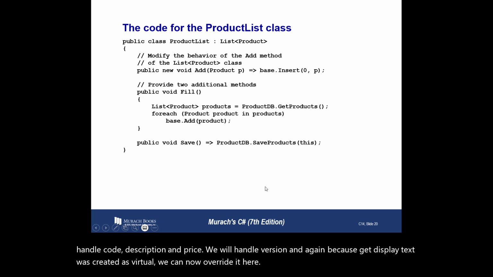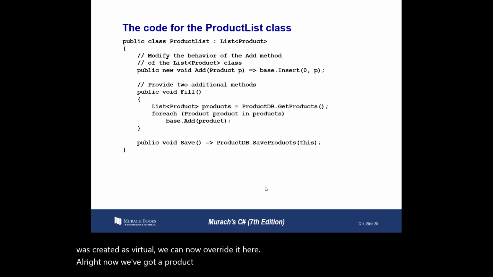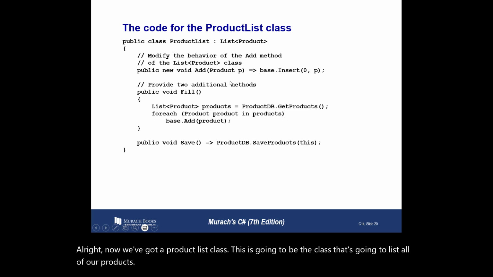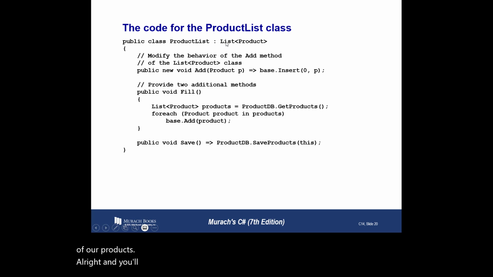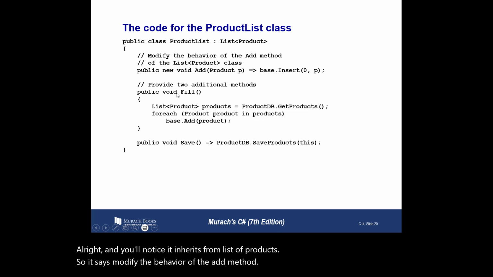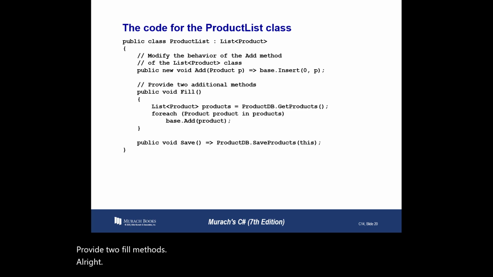All right, now we've got a product list class. This is going to be the class that's going to list all of our products. And you'll notice it inherits from list of products. Okay, so it says modify the behavior of the add method. Provide 2 additional fill methods.